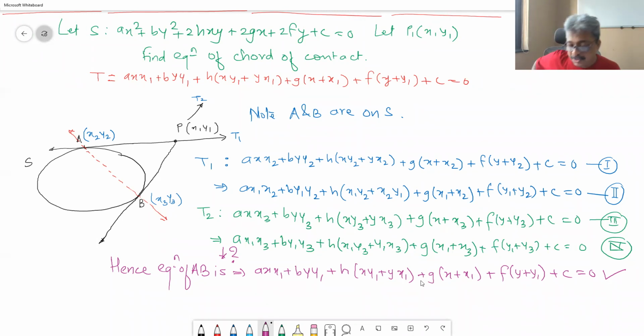This is interesting. You have 2 symmetric equations and suddenly you make this x2 or x3 disappear, y2 or y3 disappear, and put variable x and y in that place, saying that if I put point A, I get satisfied.